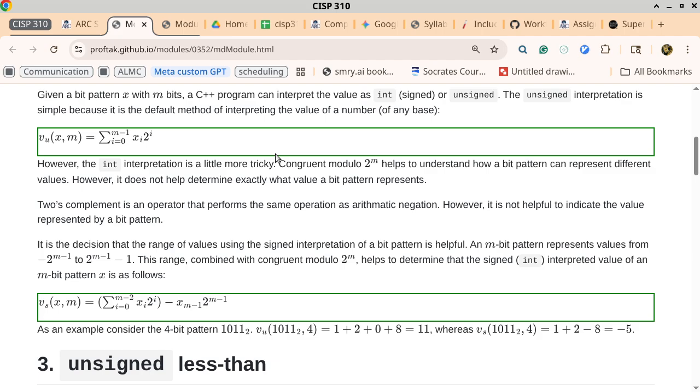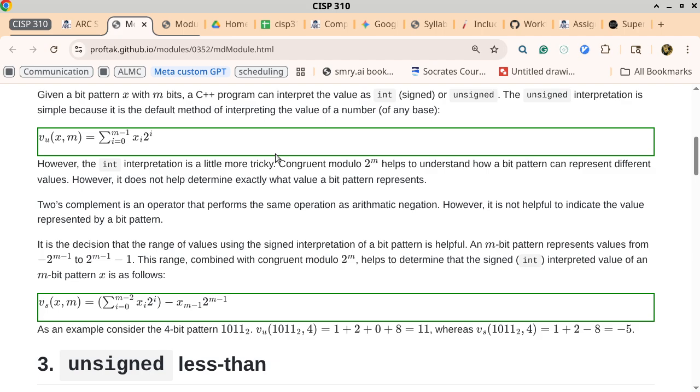So what are we going to do with x subscript m minus 1? Well, it's pulled outside, and instead of an addition, we have a subtraction here. In other words, the most significant bit, which is the leftmost digit of the m bits that we are talking about here, is subtracted.